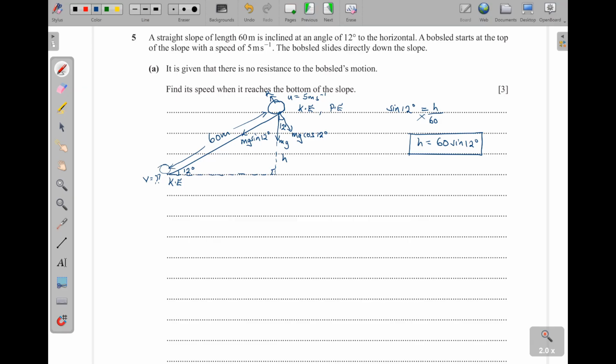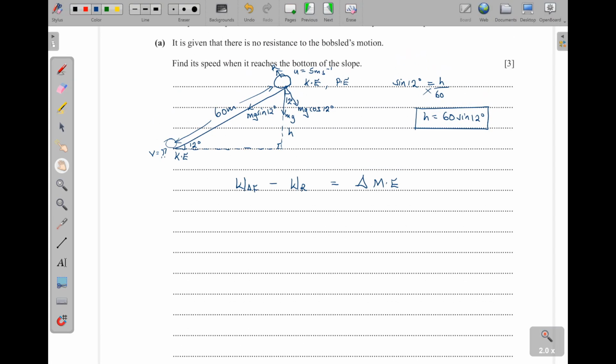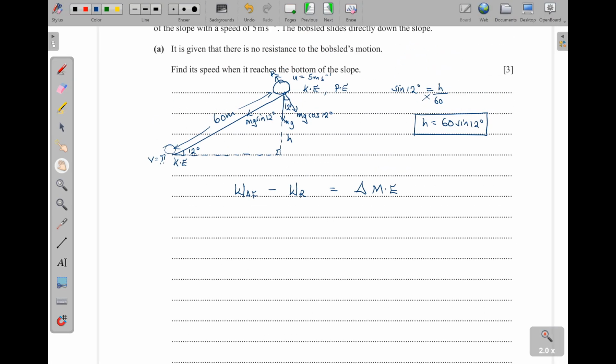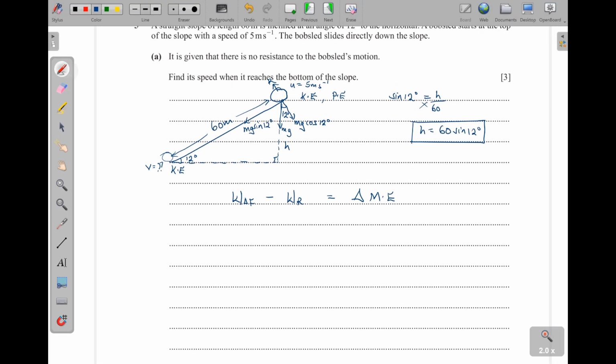Now, we are going to use work done. Work done by the driving force minus work done against resistance is equal to the change in mechanical energy. Now, since this one is just sliding down on its own, then there is no driving force.